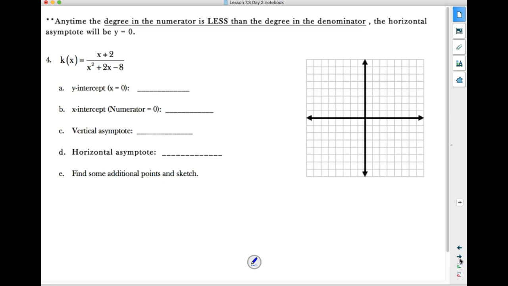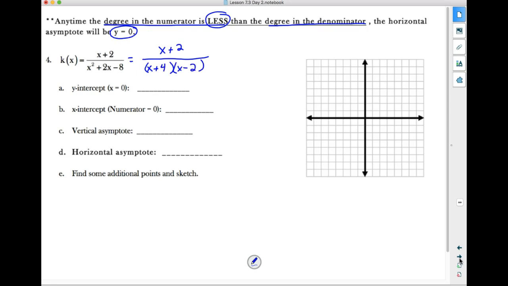Then the next thing we're going to do is jump over to number 4. Number 4, again, anytime the degree of the numerator is less than the degree of the denominator, the horizontal asymptote will always be y equals 0. So first thing I'm going to do here is look at number 4, and I'm going to say that's x plus 2. I'm going to factor my denominator, which is going to be an x plus 4 and an x minus 2.